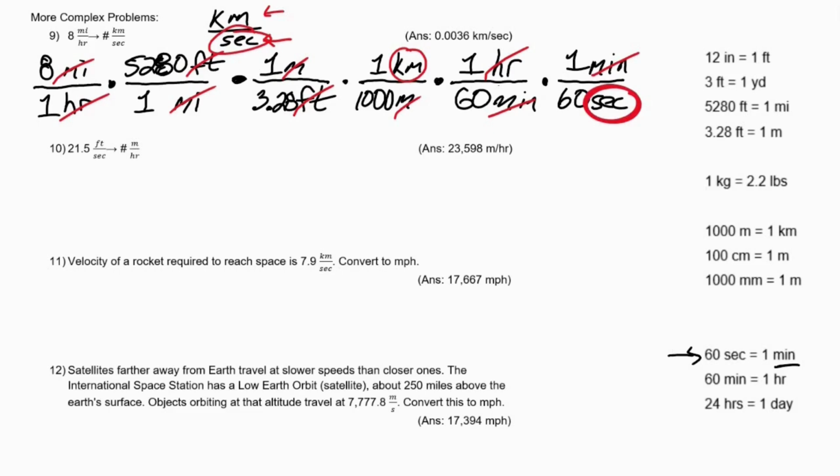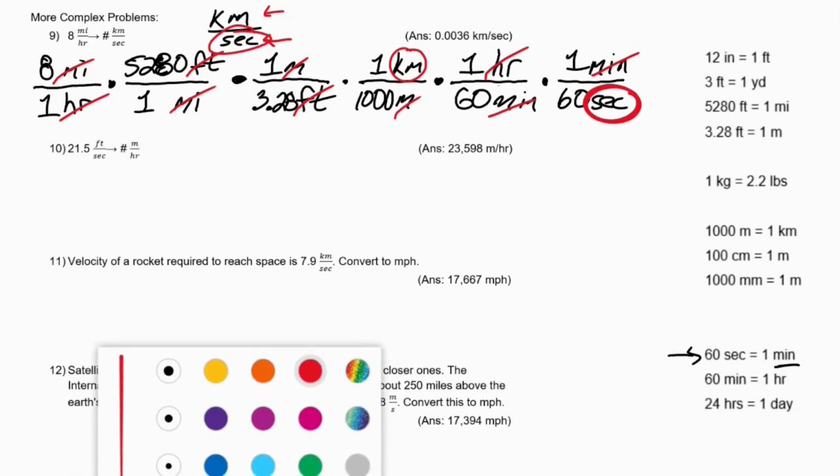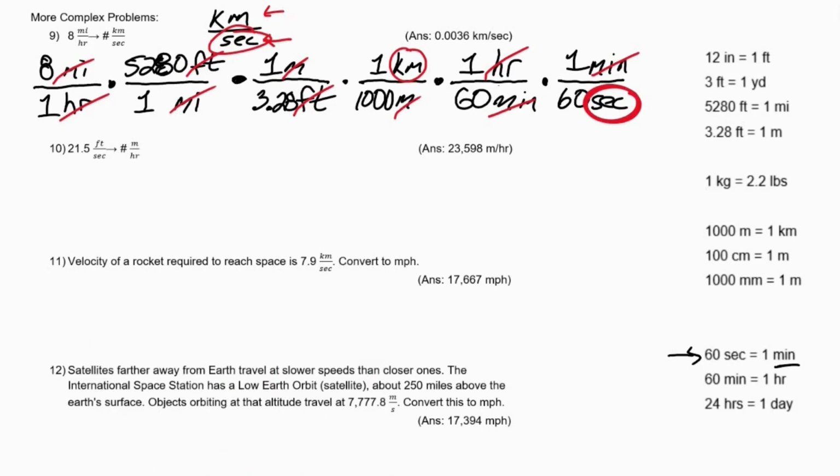Keeping in mind that we have kilometers and seconds. Those are the only two units that we have on this entire problem. If you're looking at all the numerators, all of our units are gone except for the kilometers. If you're looking at all the denominators, the only unit that remains is the seconds.